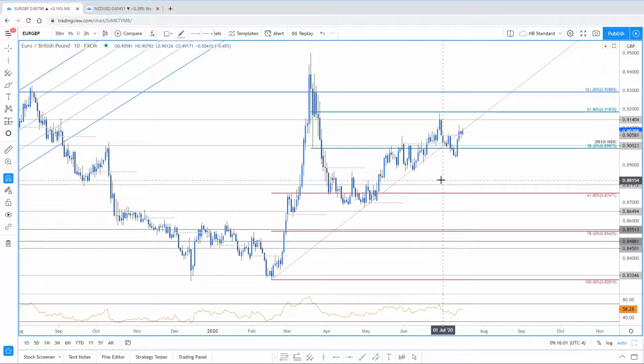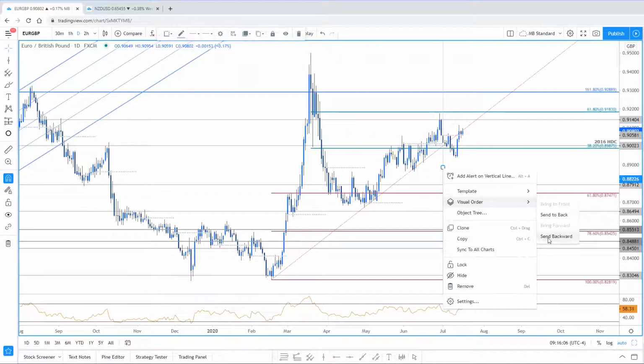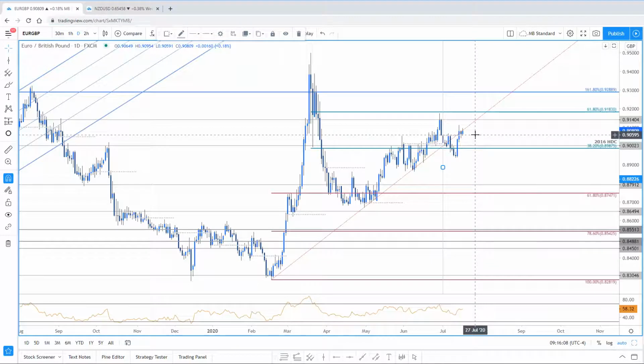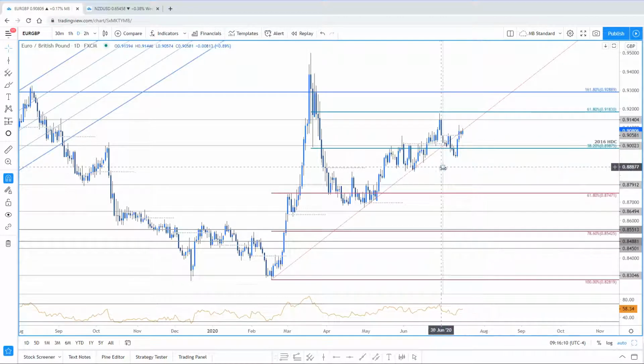So objective things, right? Objective things. Is your monthly opening range. This was your monthly open.